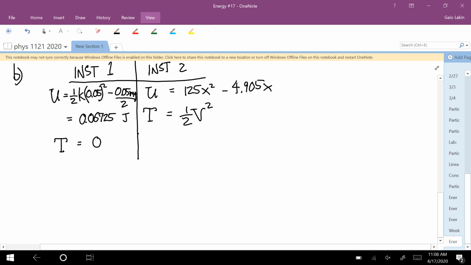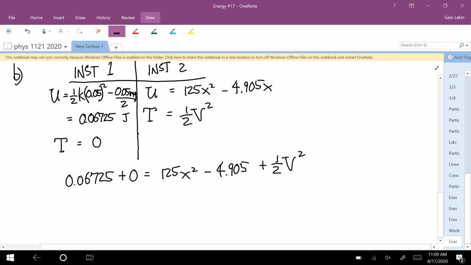And now conservation of mechanical energy says 0.06725 plus 0 is equal to 125 x squared minus 4.905 x plus 1/2 v squared.